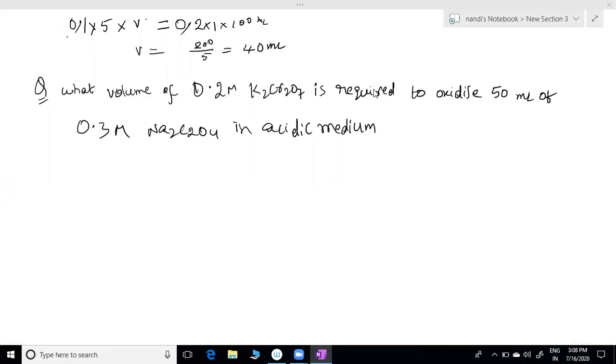You can see the paper. The paper is easy, but you have to know the n factor situations. Titrations are also there in this week's test. Okay, first try this question.